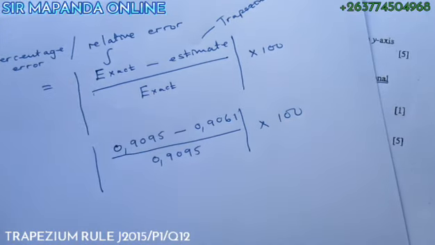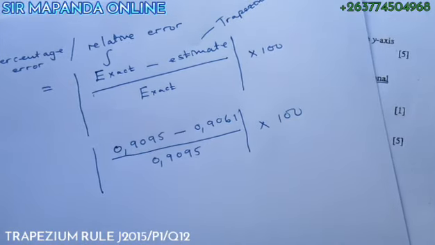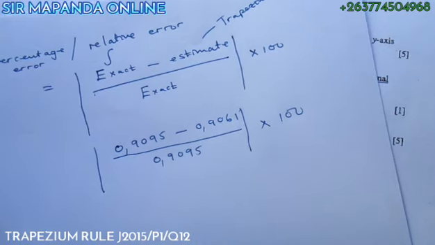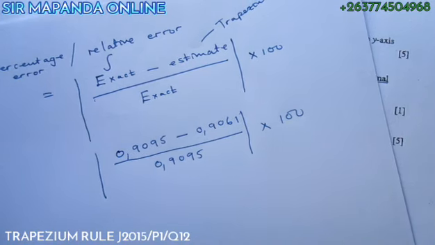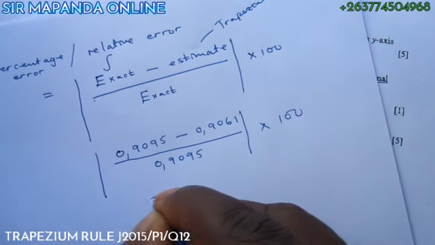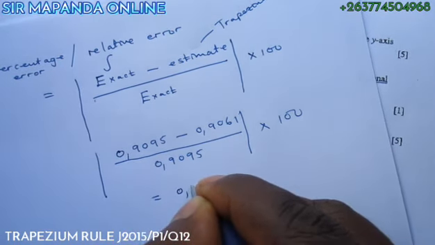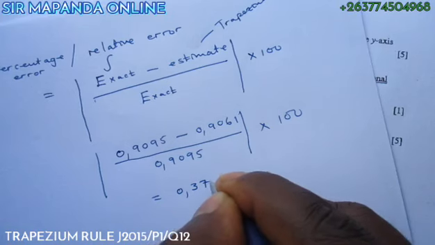So if you find this in your calculator, 0.9095 minus 0.9061 divided by 0.9095 times 100. What do you get? 0.37.